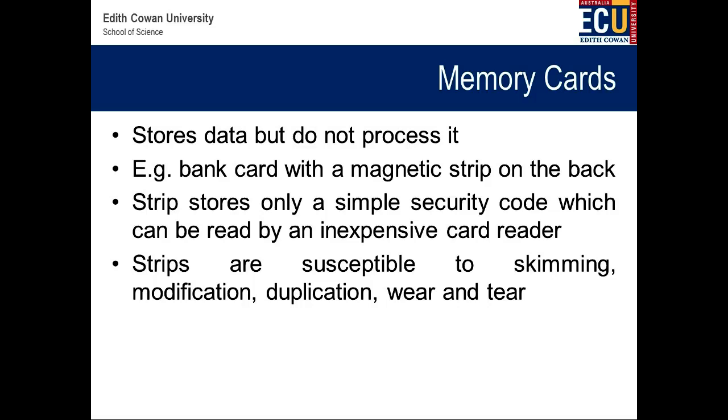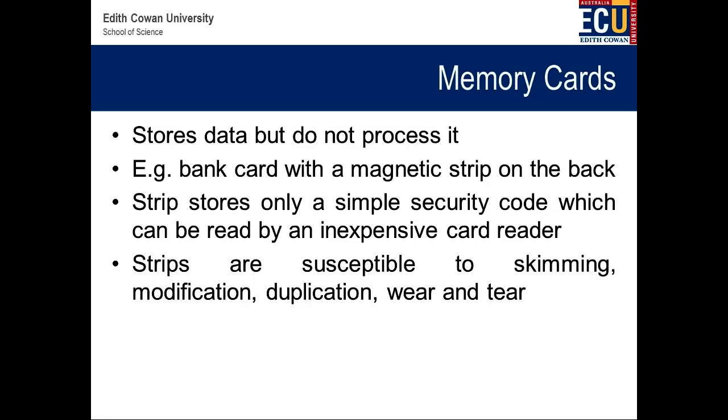The common or the earlier means that we used to have in the something you have category were the memory cards. So what are memory cards? Memory cards store data, but they do not process data. For example, a bank card with a magnetic strip. I'm talking about the older bank cards, not the ones we use nowadays.